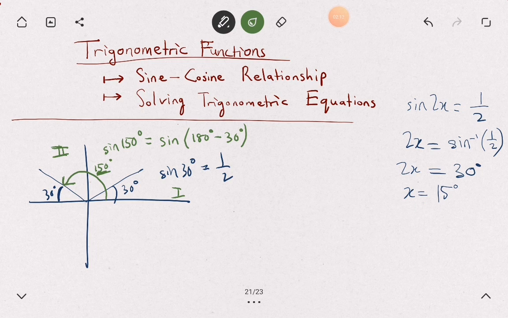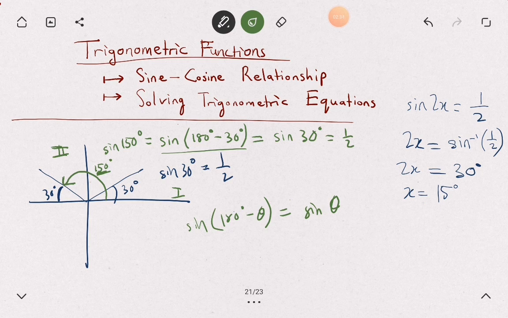This 150 is 180 minus 30. And if you recall, sine 180 minus theta is equal to sine theta, for any angle theta. So this will be sine 30, which is 1 over 2.